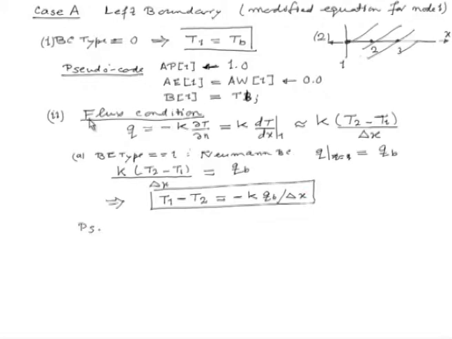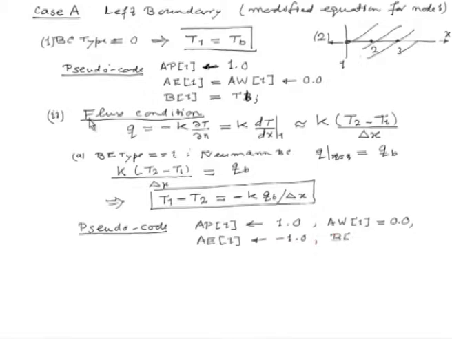So, a pseudocode for modification is AP of 1, we set it as 1.0, AW at node 1 that is 0.0, and AE at node 1, this will be set as minus 1.0, B for this node 1 that is minus k into QB divided by dx.